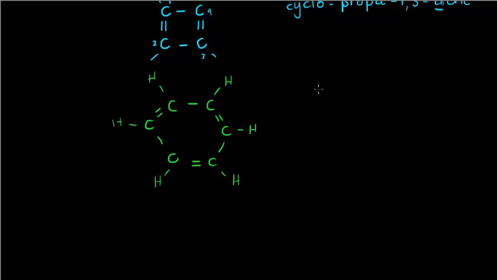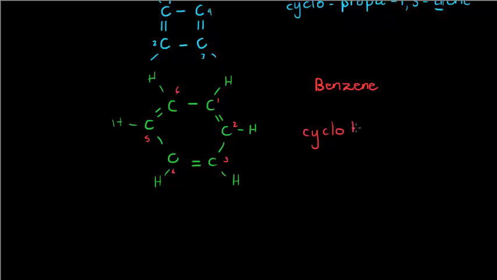What is its name? Well, you might know it as benzene. That is its commercial name, benzene. Its proper IUPAC name would be cyclo. If I start numbering anywhere, as long as I go in the direction of the double bond, so 1, 2, 3, 4, 5, 6, this would be cyclo.